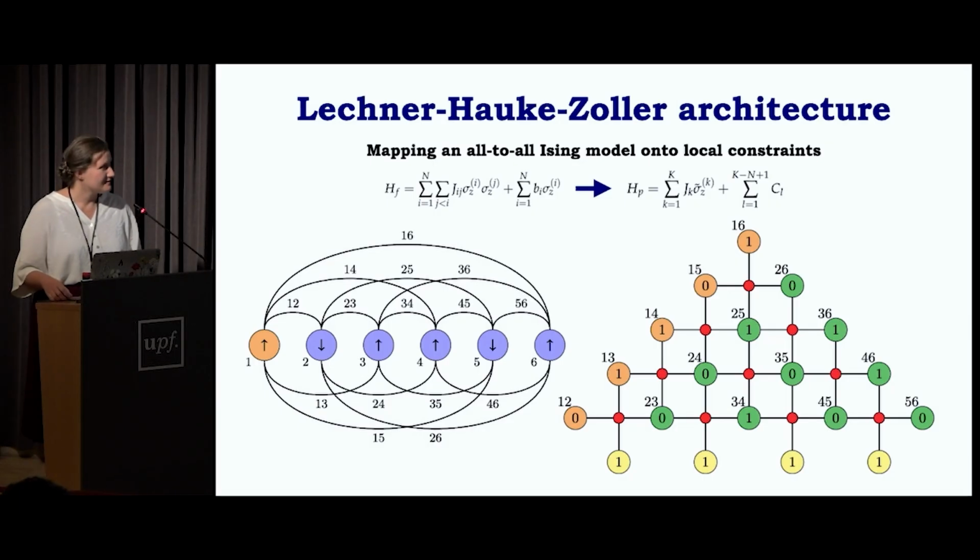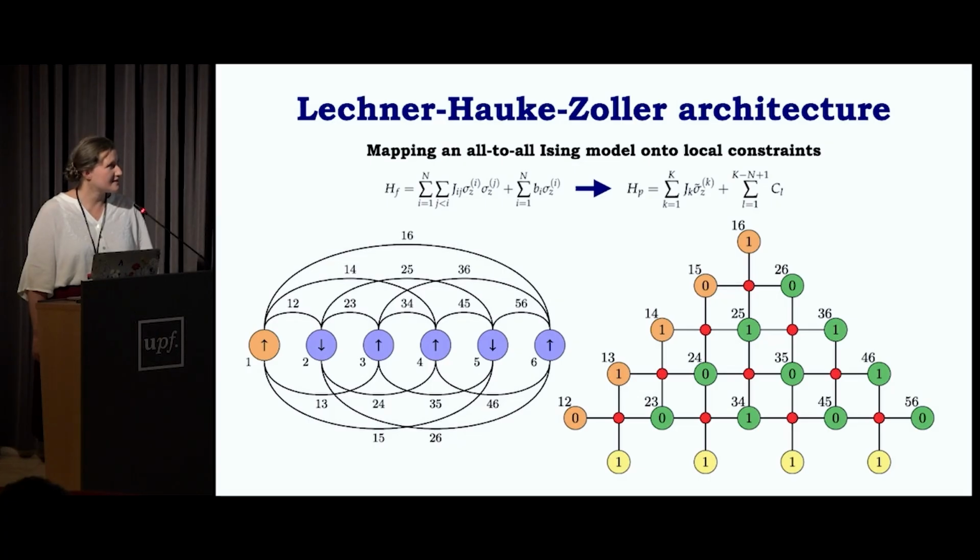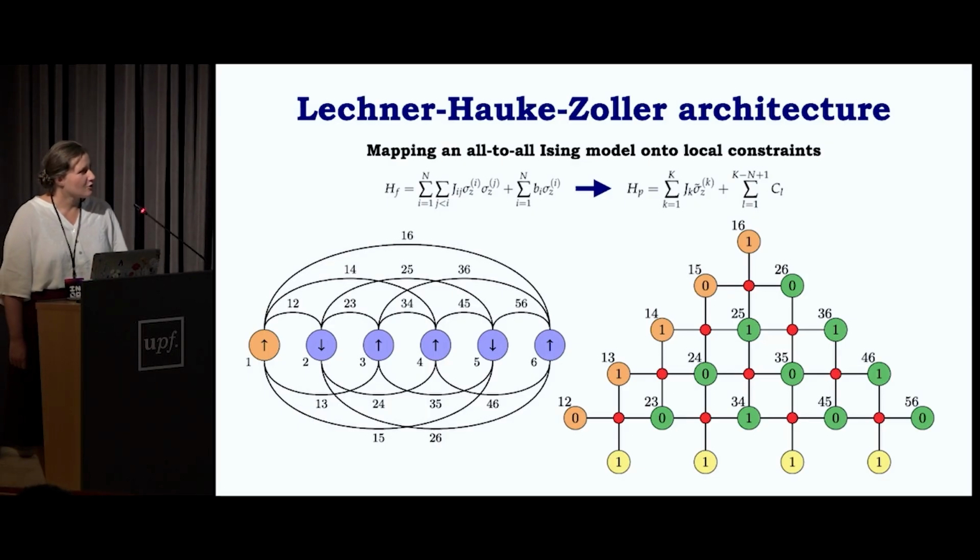So this is the original all-to-all Ising spin-glass model. On the left-hand side, here you have the logical spins up and spin down. And then you can map it to a system of physical spins, where the physical spin is the pair of two logical spins that are connected through a coupler.